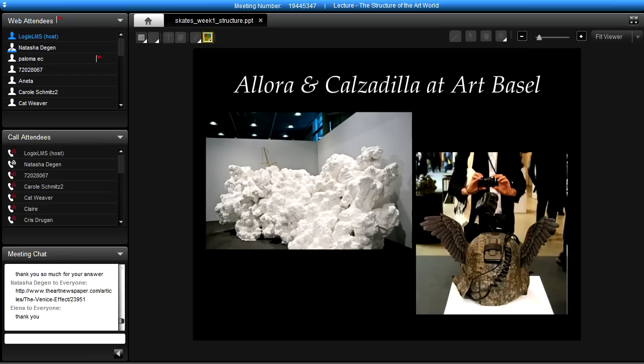So I think there's not really one in particular. Some are perhaps more important than others, but for a healthy art market, you need a combination of actors and institutions.